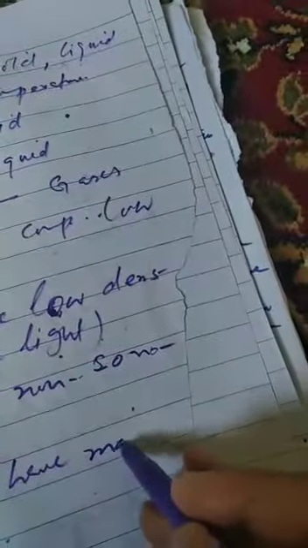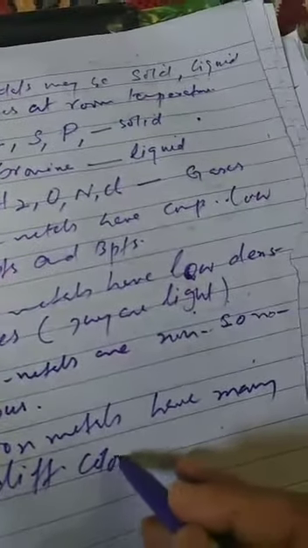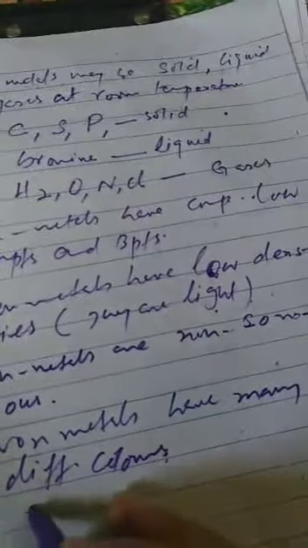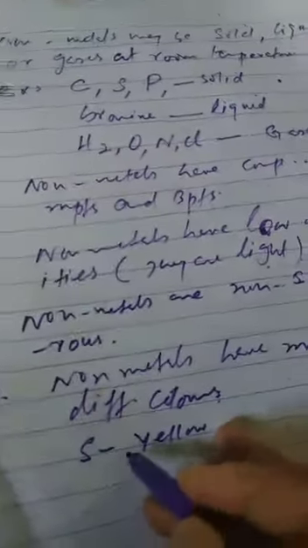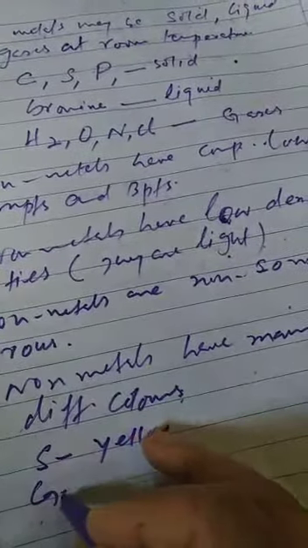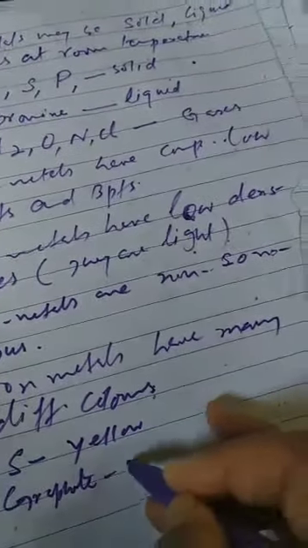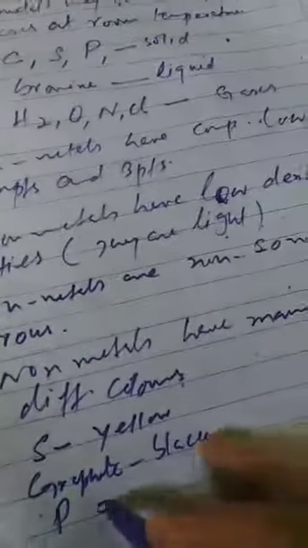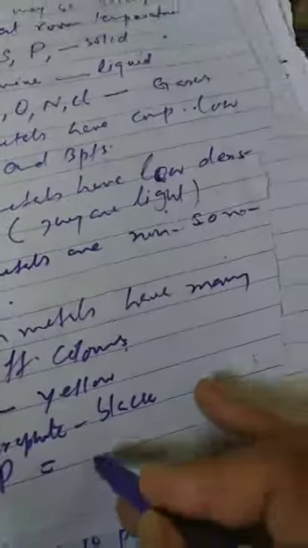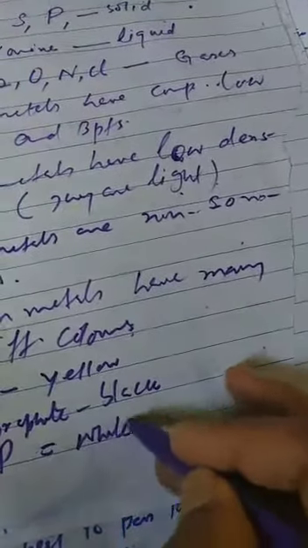Non-metals have many different colors. They come in many colors. For example, sulfur has a yellow color, graphite has a black color, phosphorus, there are two types of phosphorus, white and red.